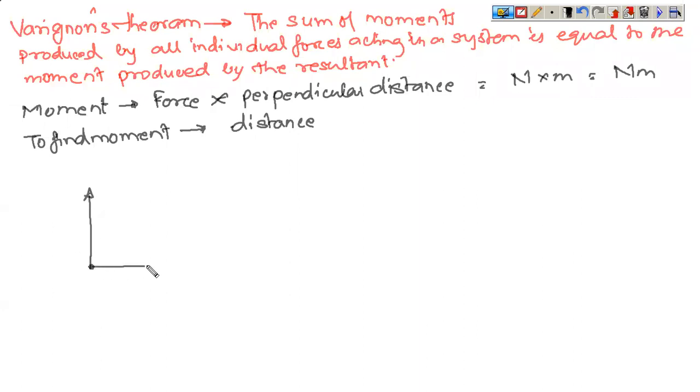This is some force F, and this is some origin O, and this is some distance X. Let us find out the moment with respect to point O. The moment of force F with respect to point O, M, is given by F into X. How did you specify that this was your perpendicular distance?